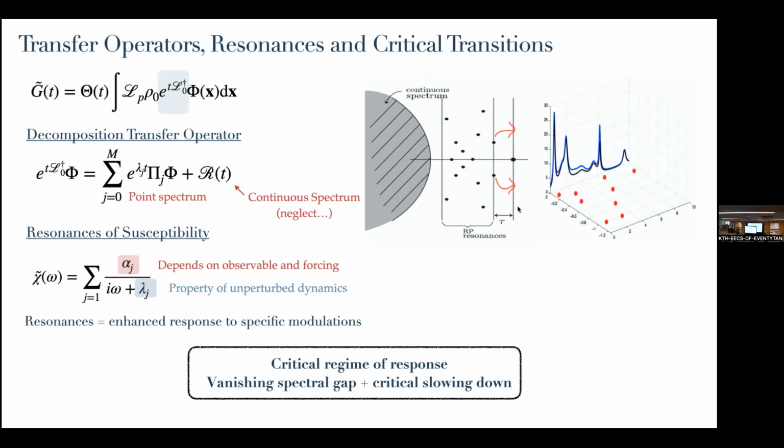This was the criticality phenomenon that we discussed in the first talk. And so we have this critical slowing down of observables, where a small perturbation doesn't get reabsorbed quickly in your system.